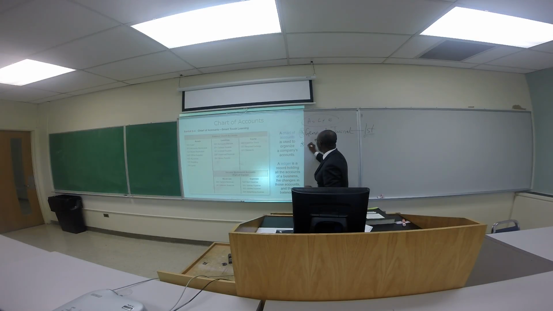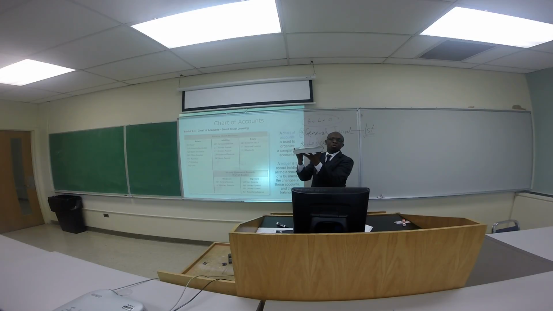We have another book or record, we call this the ledger. With the ledger, think about the ledger as a book with each page devoted specifically for a particular account. Let me give you an example. Let's assume that we are in a bank and the bank has 2,000 customers and the bank devoted one page for each customer's account.